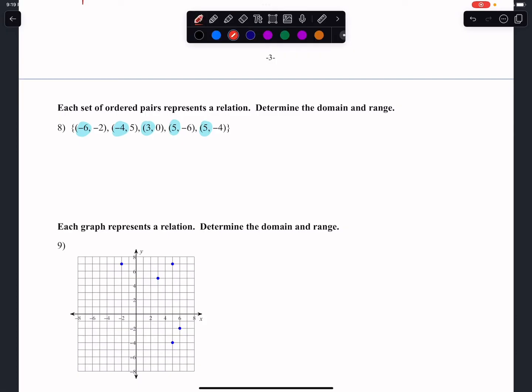So domain: -6, -4, 3, 5. 5 repeats, you only have to write it once. Is this a function or no? And if you said not a function, you are correct.